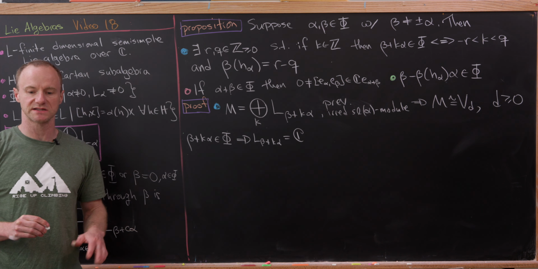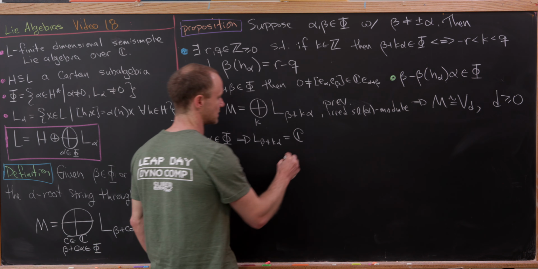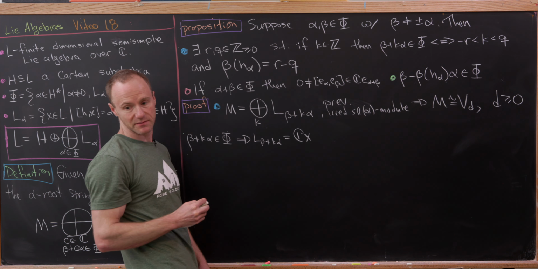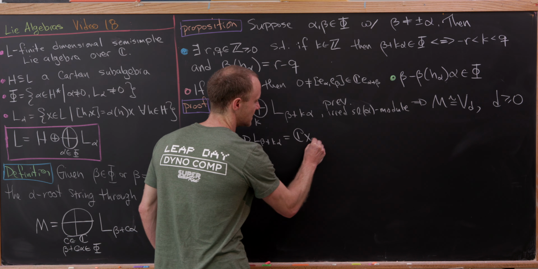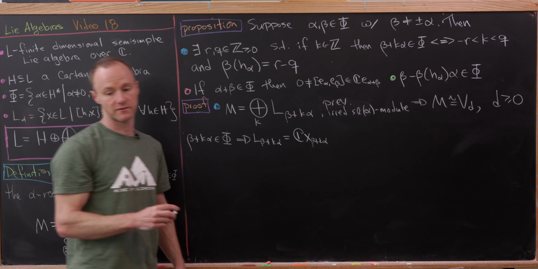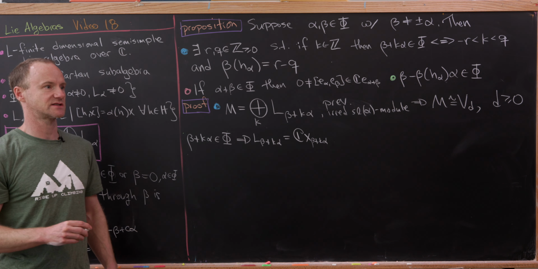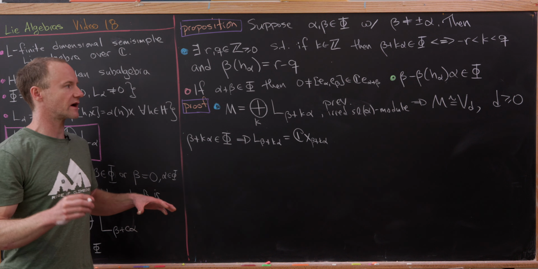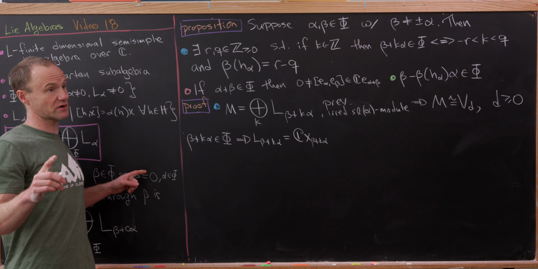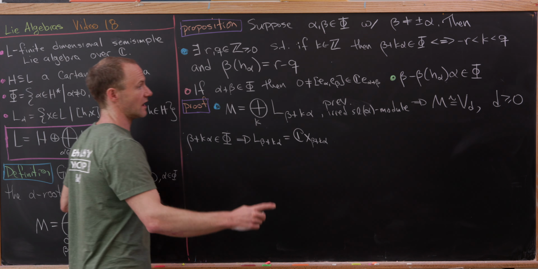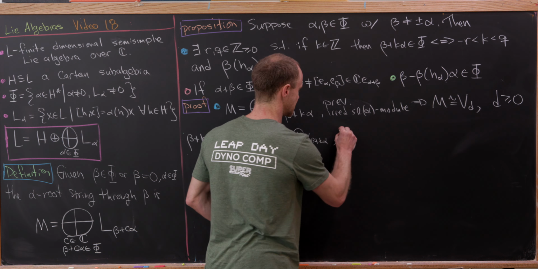But if it's non-zero, it's got to be one-dimensional. So I'll say that it's spanned by this vector that I'll call x beta plus k alpha. Now I want to look at how h alpha acts on that to get an idea for where it would lie inside of the string or the chain of vectors that builds this V_D.